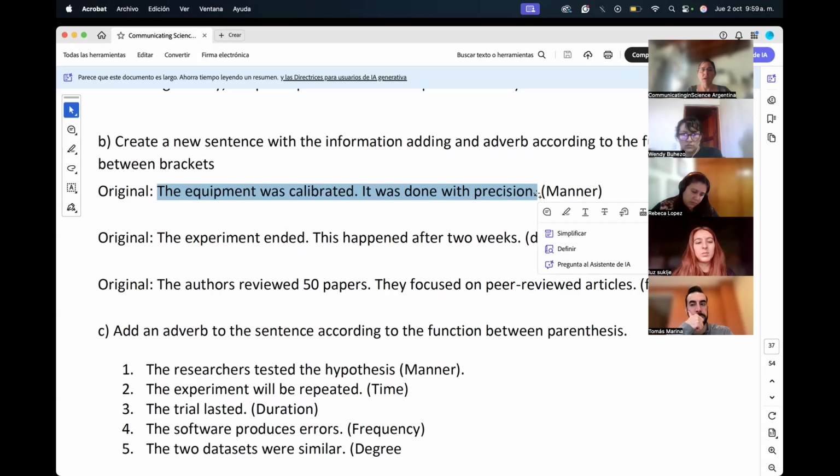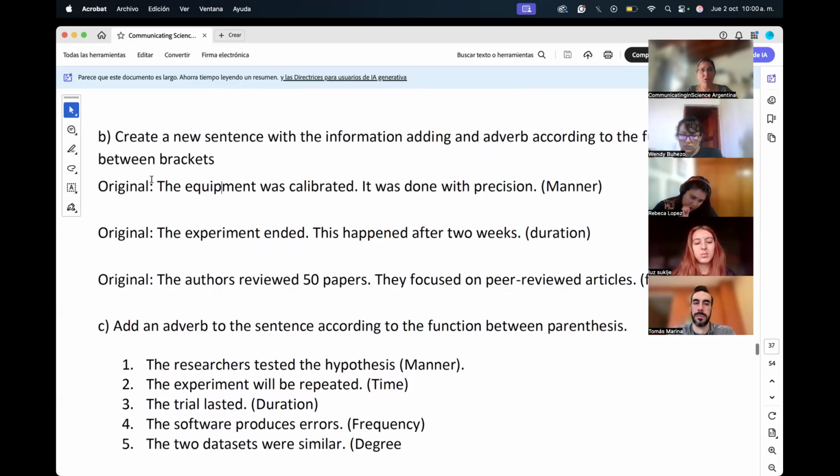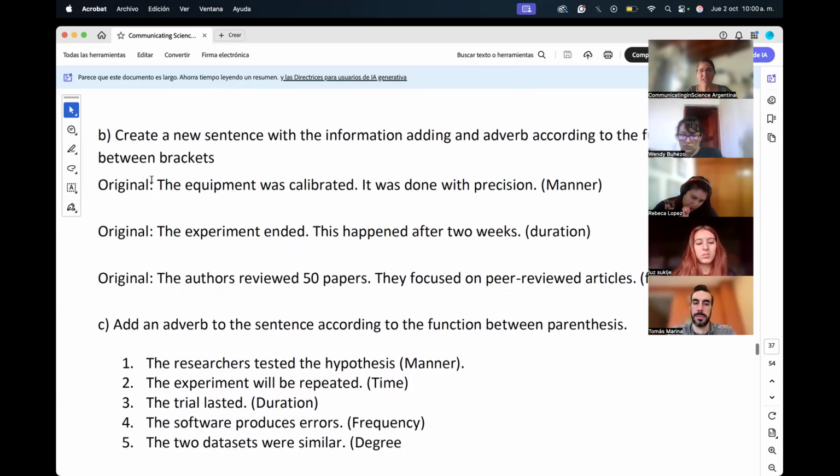As you can see, the original sentences are: the equipment was calibrated, period. It was done with precision. So I need you to replace this "it was done with precision" by one word. So for tomorrow, when we review these exercises, I want you to think about it. There is not only one answer. There might be more than one possible answer.